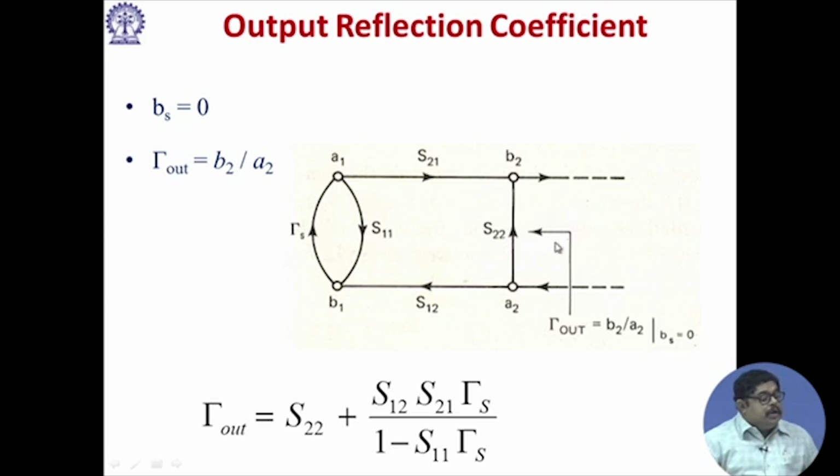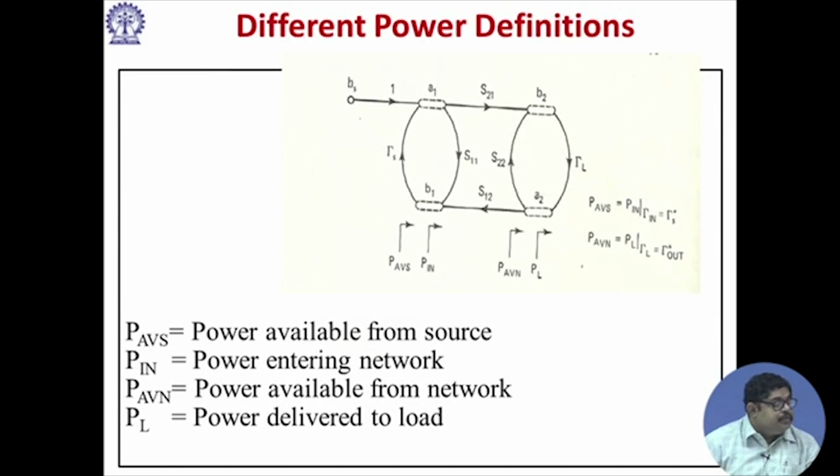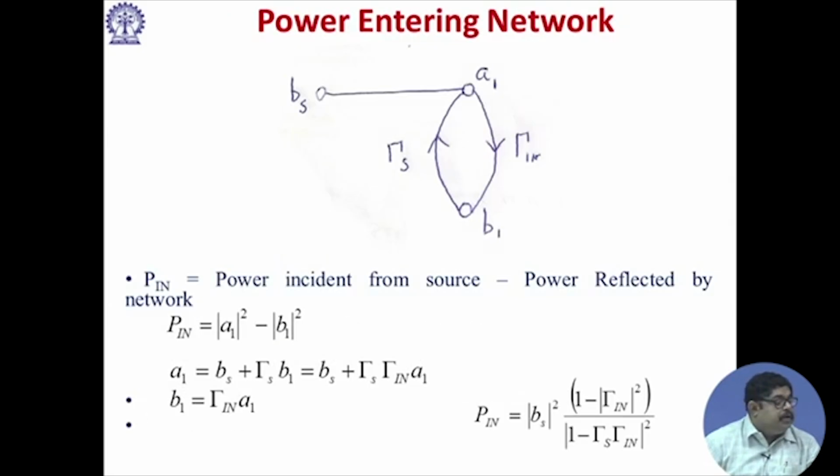Then find out the loops. One loop is here, another loop is this. So, these two loops. You do that and you can get the result. Similarly, there are various power definitions, we are not going there.